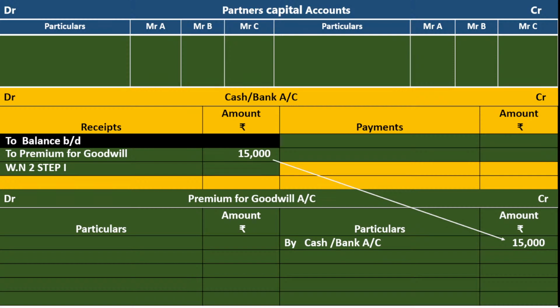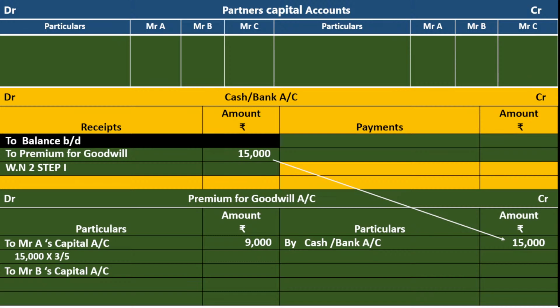Step number 2 is to distribute this goodwill, means transfer from premium for goodwill account to Mr. A and Mr. B sacrificed partners' capital account. Premium for goodwill account debit to Mr. A's capital account, 15,000 in the sacrifice ratio 3:2, 3 by 5, 9,000.